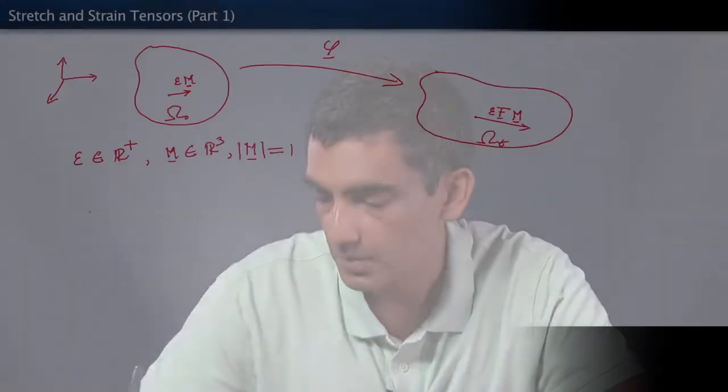So what we need to do now is try to understand more about this. Here's what we can do. If this thing gets mapped forward, let's calculate the square of the magnitude of the deformed vector.